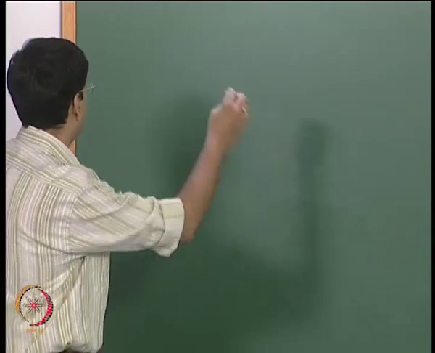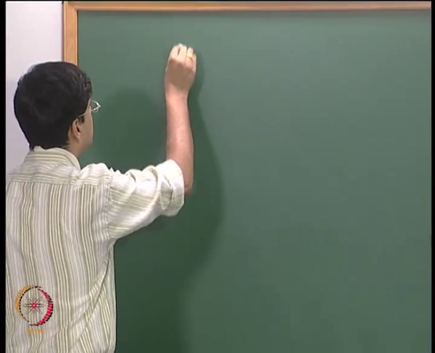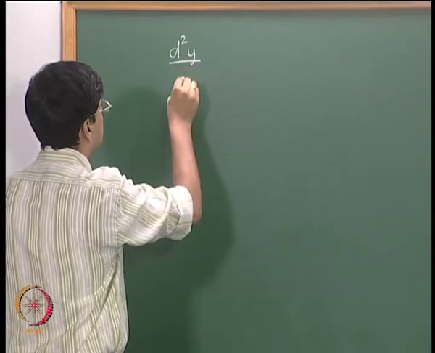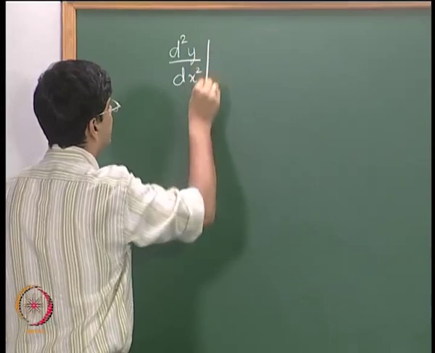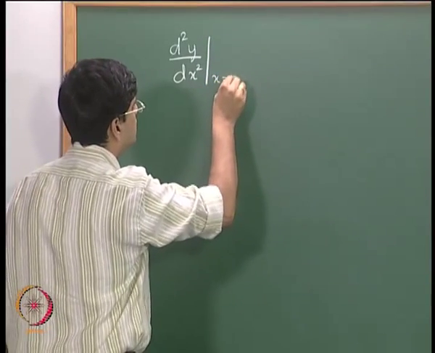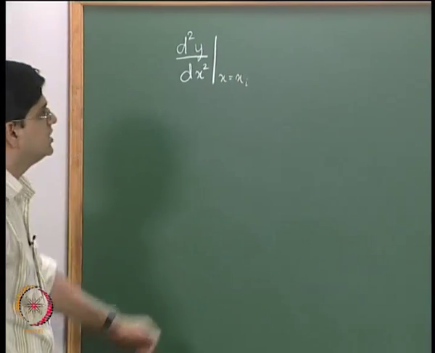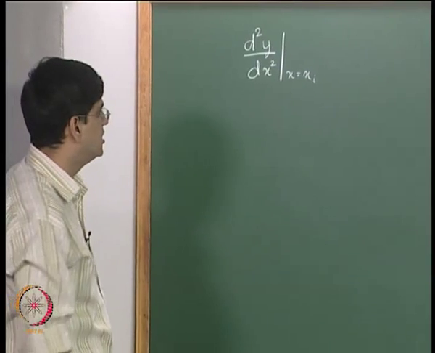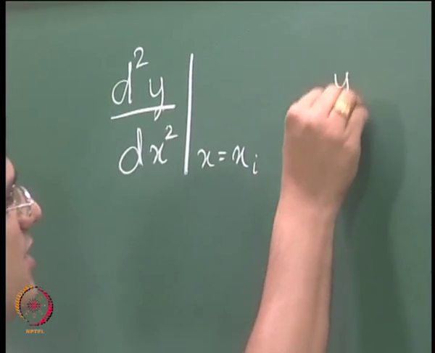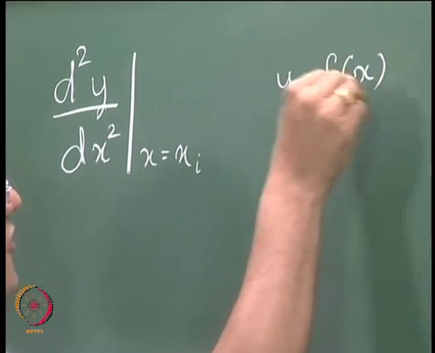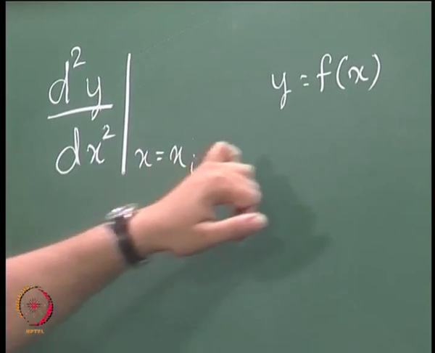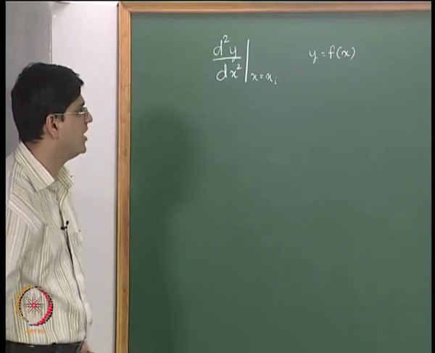So what we want to get actually is d squared y by dx squared at x equal to xi. Okay, so this is what we are interested in getting, where y equal to f of x. So that's the overall function that we have.